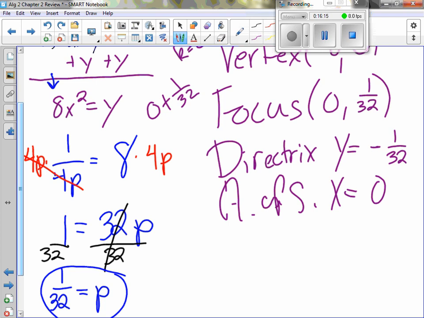For this one here, we didn't have any issues with the double negatives or minus a negative. We ended up getting 1 over 32 and negative 1 over 32. Any questions on this here? We good with all this here so far?